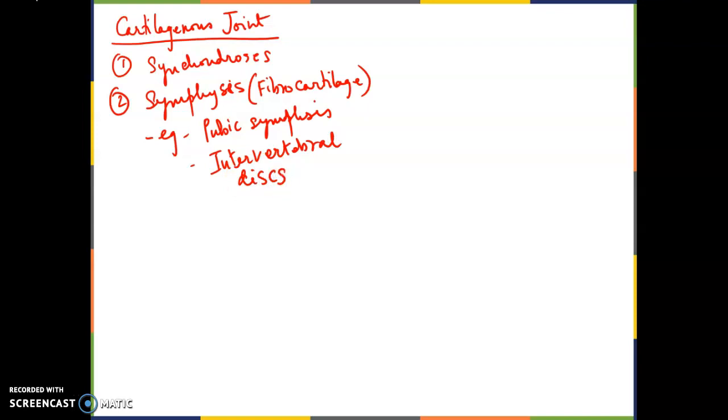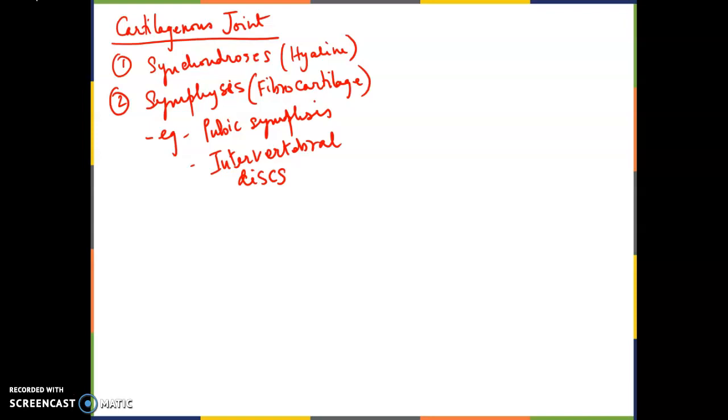Okay, to review, in case of a cartilaginous joint, there is a piece of cartilage between articulating bones. There are two types. The first is synchondrosis, where we have a piece of hyaline cartilage between articulating bones. The second is symphysis, where we have a piece of fibrocartilage.